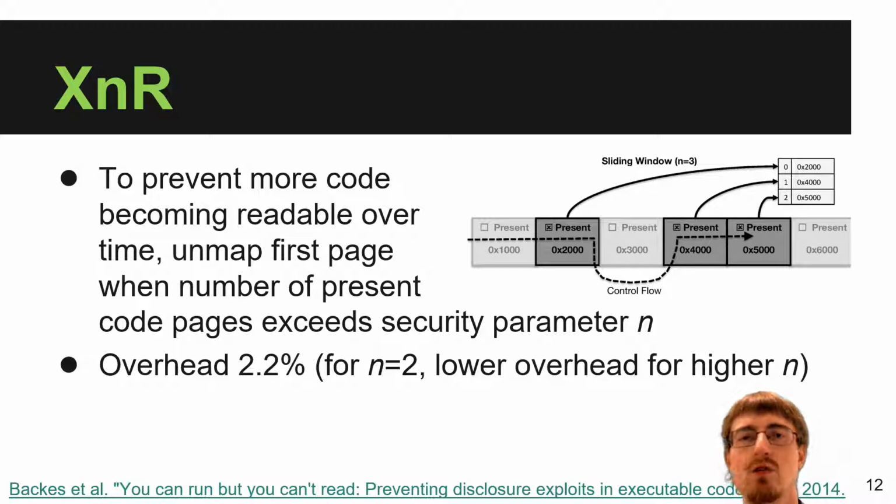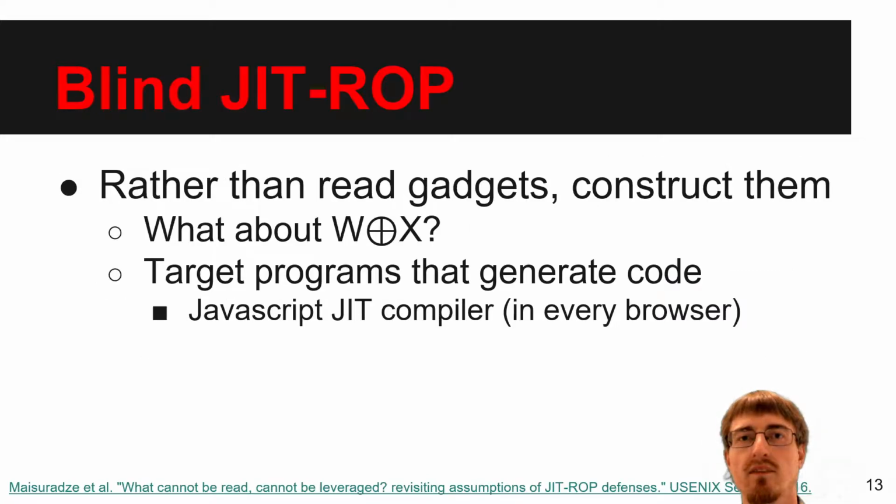But the question is, of course, is it also completely effective? As you no doubt expected, the answer to this question is no. Or at least in some cases, we can still generate JIT-ROP attacks. This is in the case that we actually have fine-grained ASLR in perfect implementation, as well as a functional XNR defense. The issue here is that we can look at specific types of programs, in particular targeting programs that actually generate code.